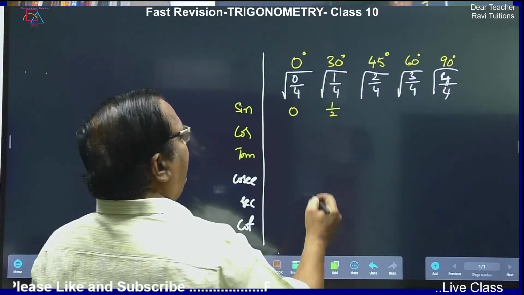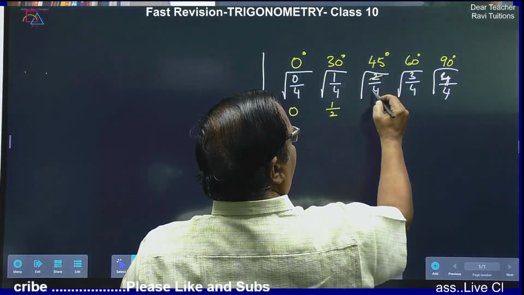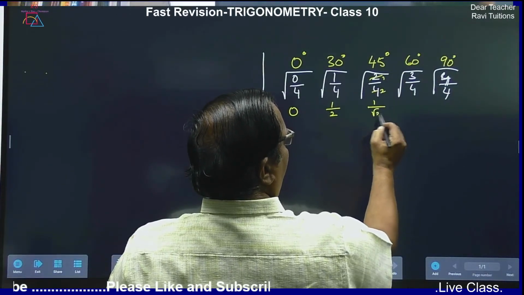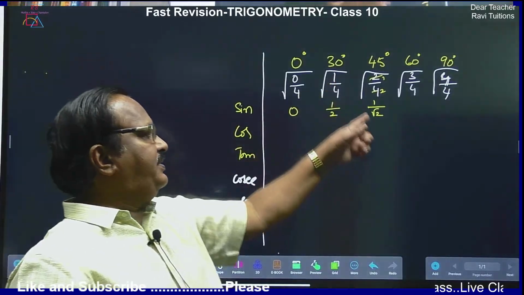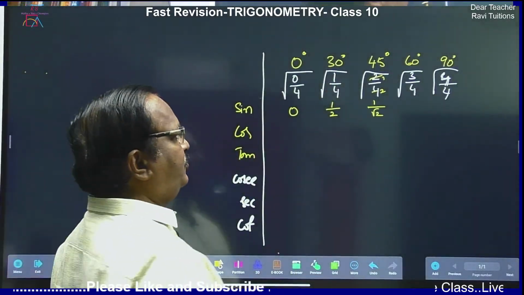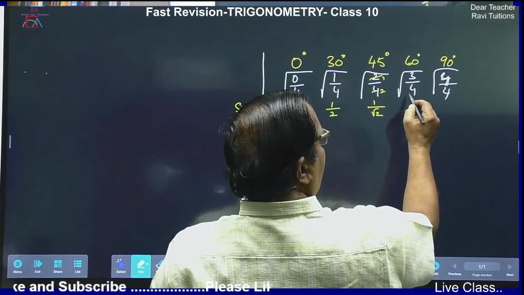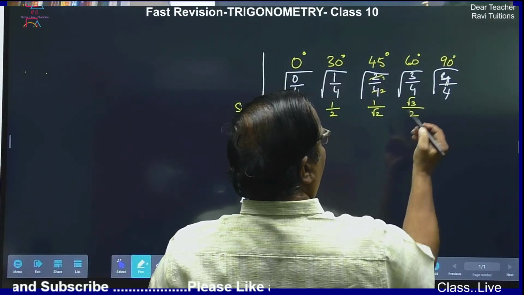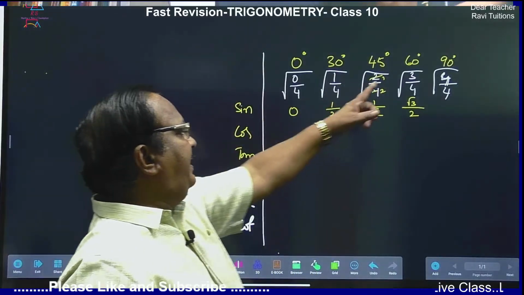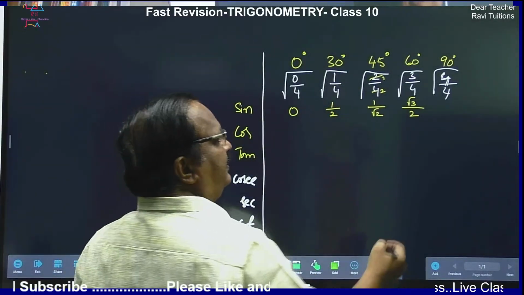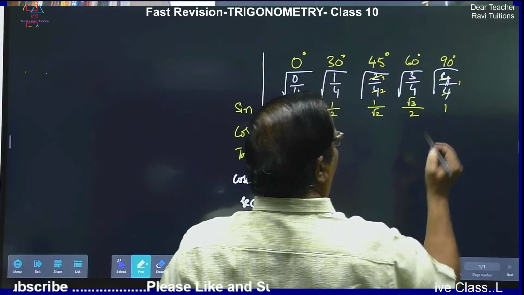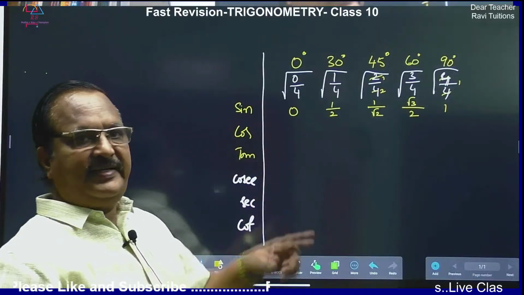In the same way, 1 by root 2, so sine 45 is equal to 1 upon root 2. Here there is no cancellation, root 3 by root 4 is 2, so sine 60 is root 3 by 2. Both get cancelled, it is only 1, square root of 1 is 1, so sine 90 is equal to 1.